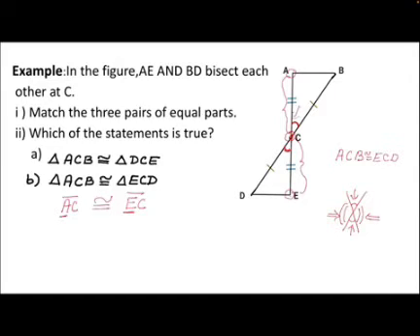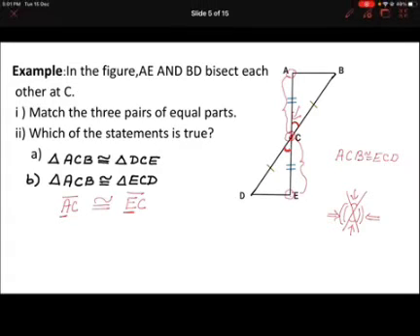So I prove that angle ECB and angle ECD. Children, check the order again. Or you can say BCA and DCE. Now, angle ACB, you know which angle I'm talking about, is congruent to angle ECD.